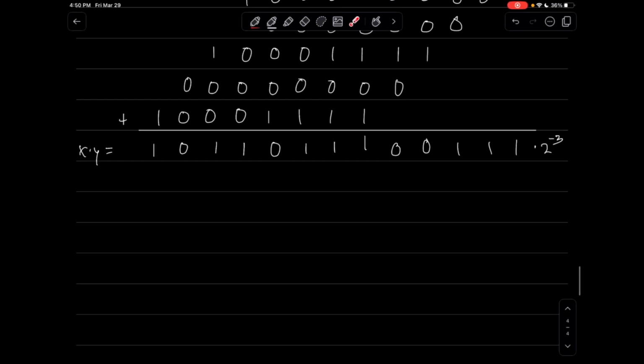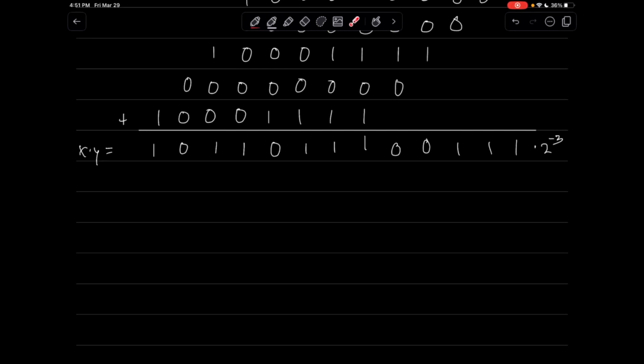How are we going to normalize our product? We're just going to shift over the binary point until it hits the spot, because that's how we expect our scientific notation numbers to look. And the reason I wanted to get it into scientific binary notation is that it's going to make it a lot easier to go into IEEE 754. So let's go ahead and do that.